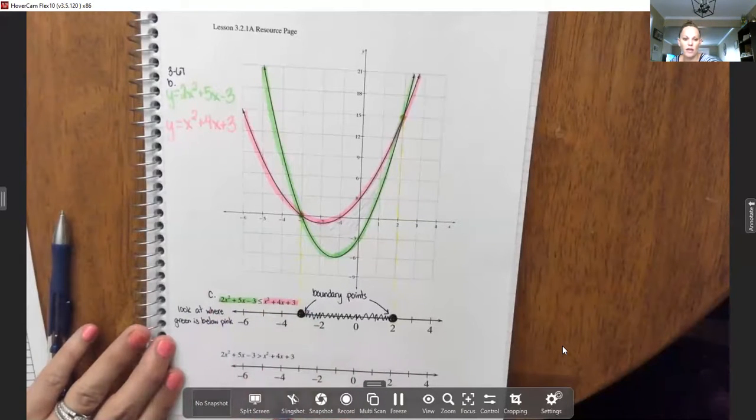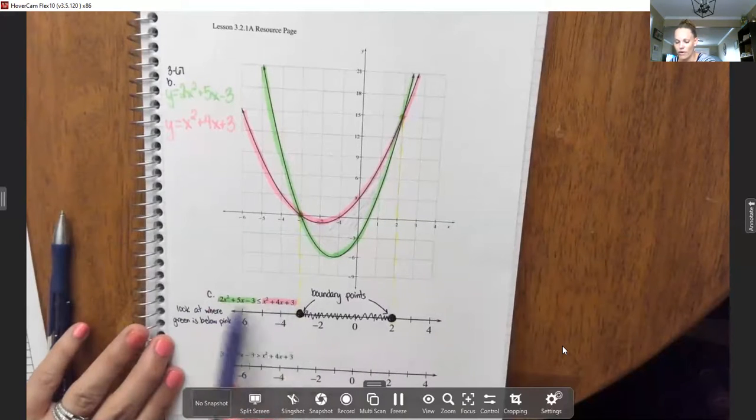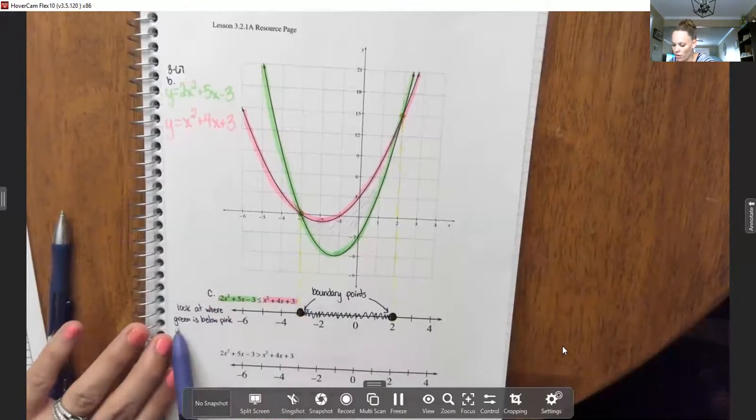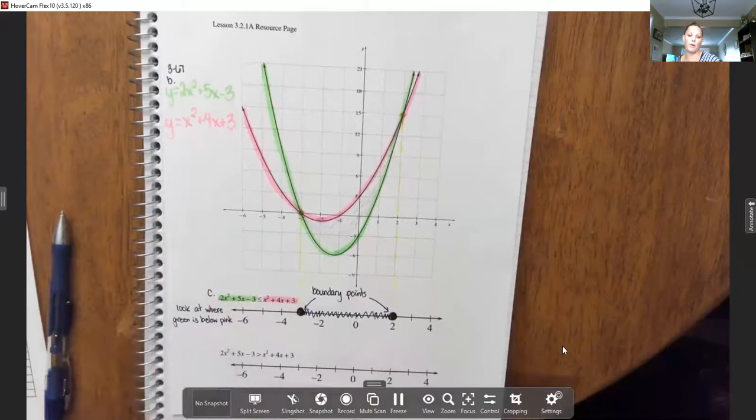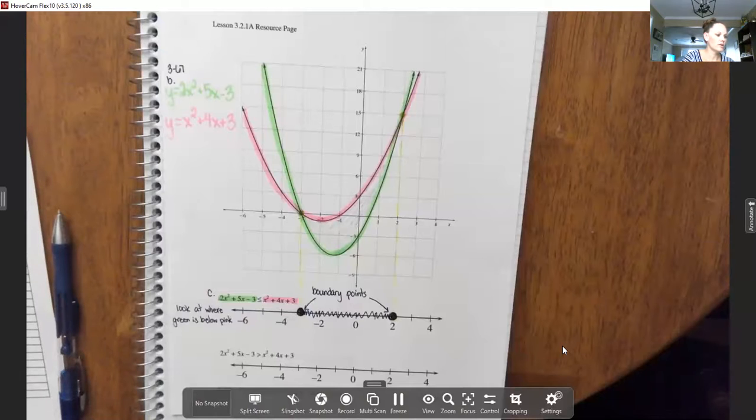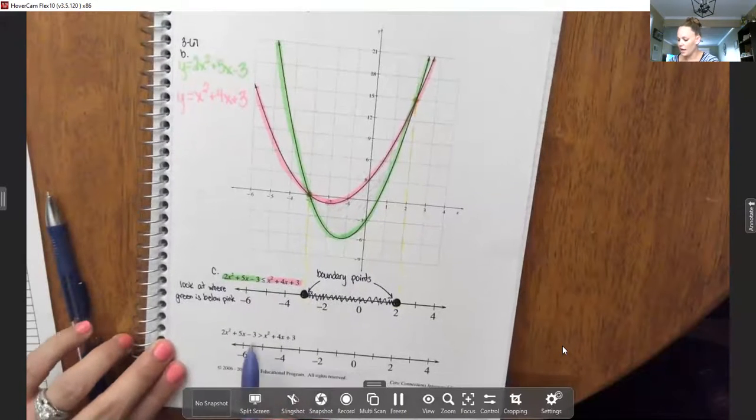So I think the colors help. And if you didn't use green and pink, whatever colors you used, look at where that equation is below it. When it's less than, it's going to be below it in terms of the y value, the outputs. That was kind of C and D.